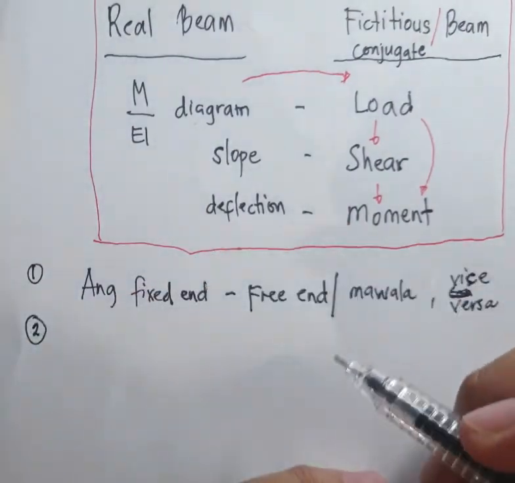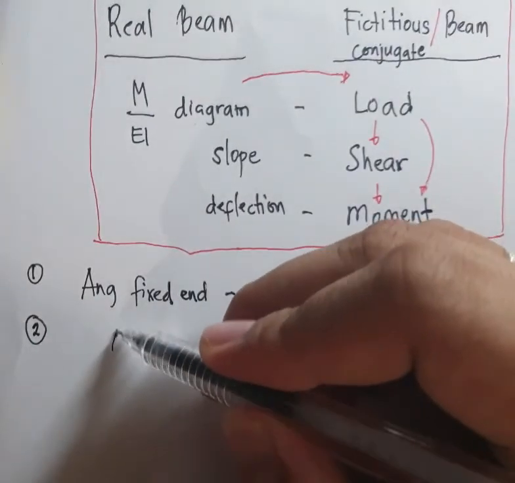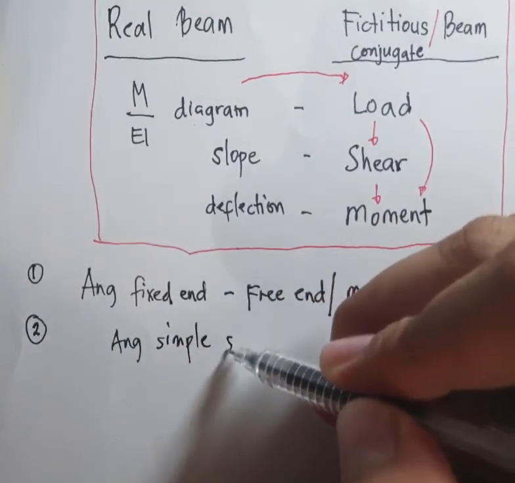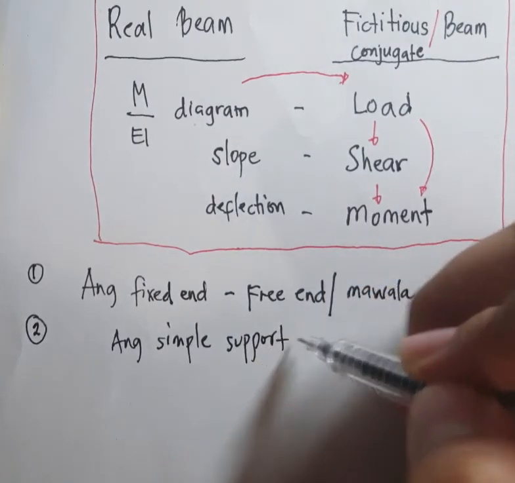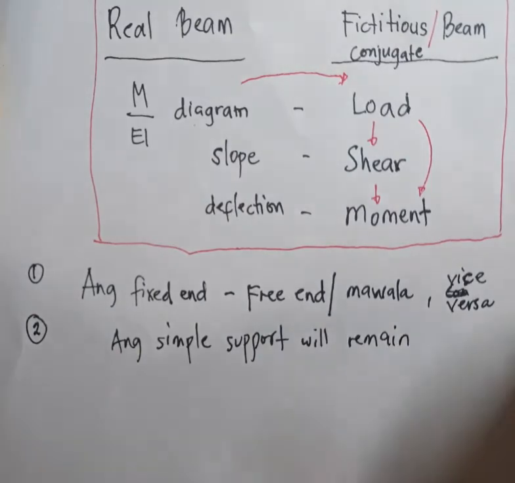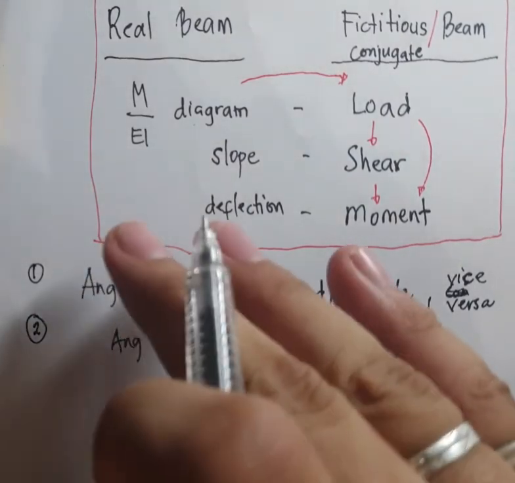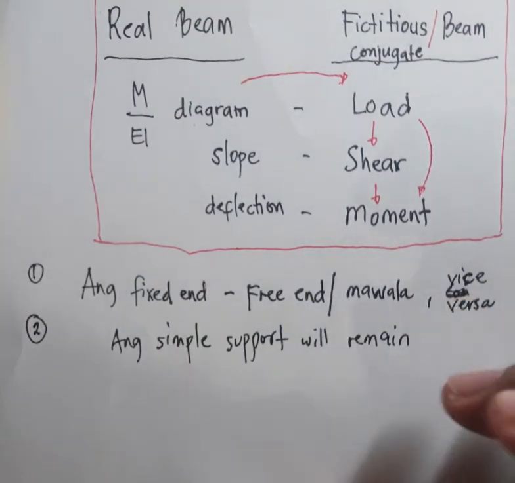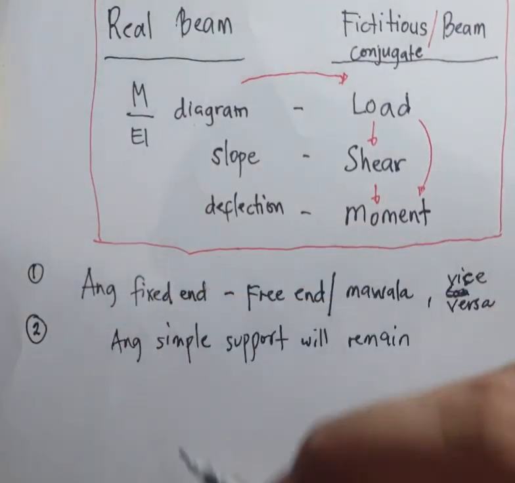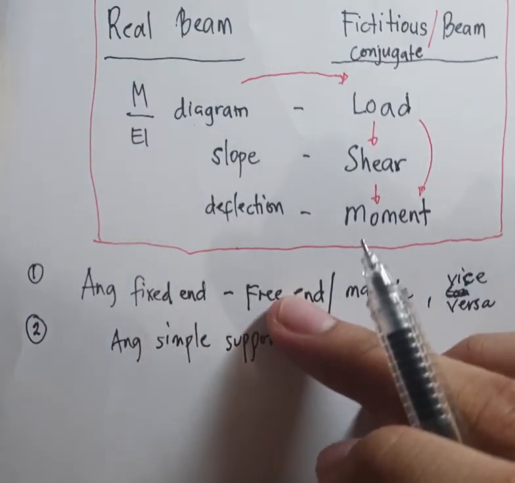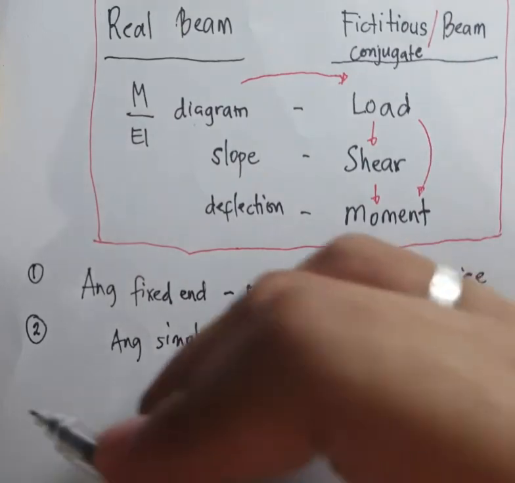Number 2, ang simple support will remain. So meaning, pag simply supported imong real beam, it will still be a simple support in the fictitious beam. So walay changes basta simple support. Kung fix, ma-free. Ang free, ma-fix. Okay.